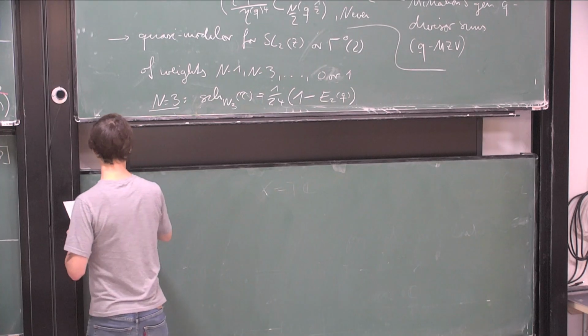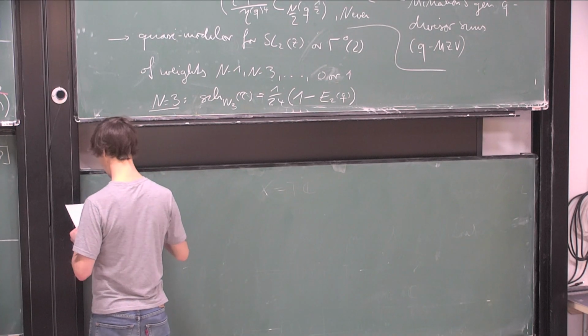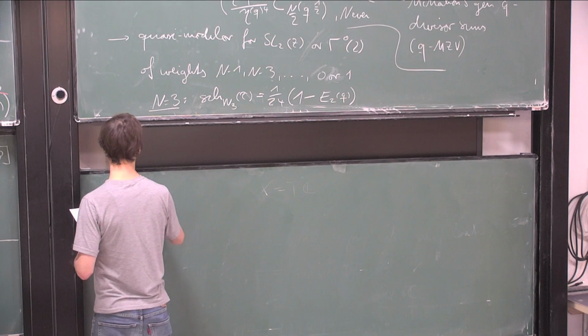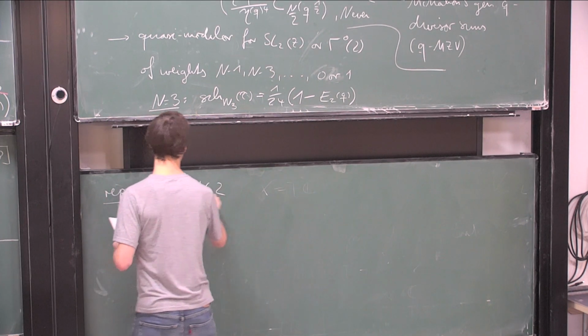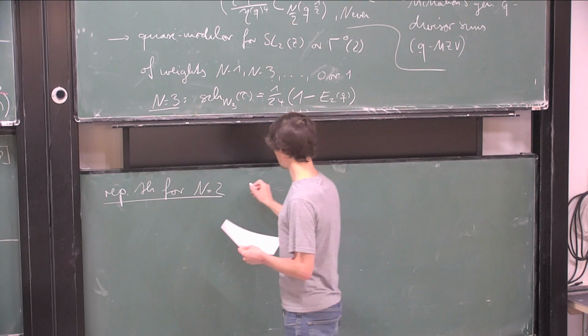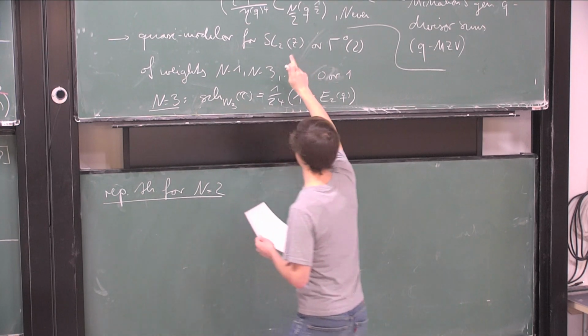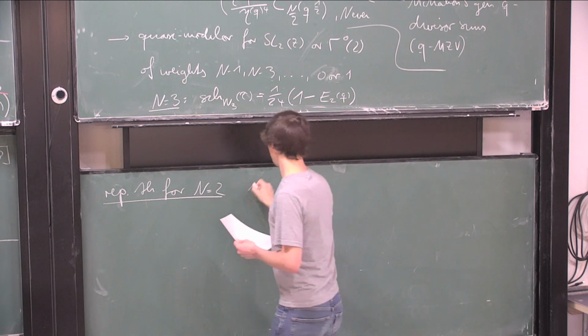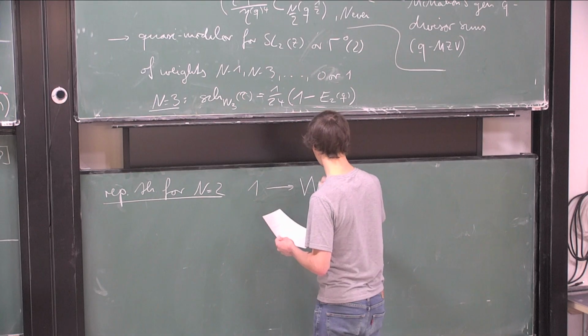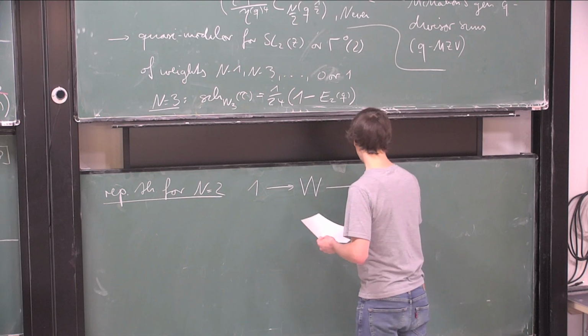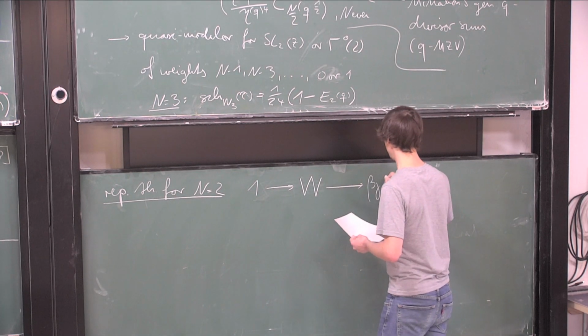And you do it for n equals 2, that's the easiest case. So for the representation theory for n equals 2, the way this vertex algebra is constructed, there is a certain short exact sequence. So this is the W here, and it can be embedded into beta gamma BC.